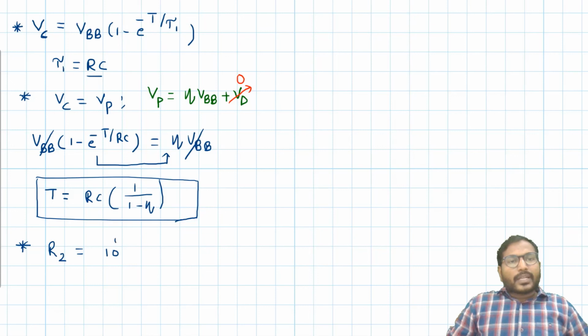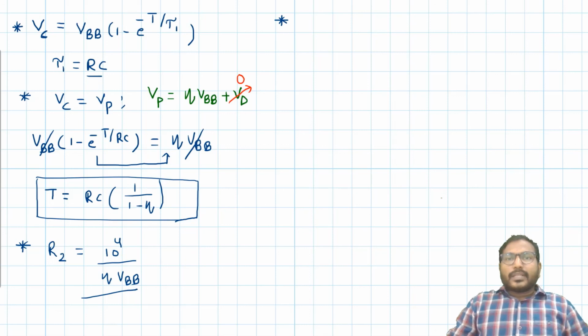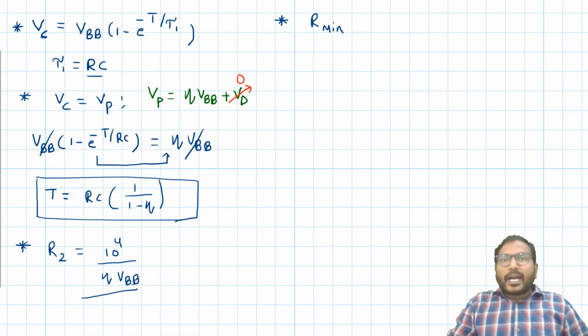The formula is 10 power 4 divided by η times VBB. And coming to the next formula, R minimum, the resistance in the charging path. When it is minimum, we can calculate the minimum resistance in the charging path, R minimum.